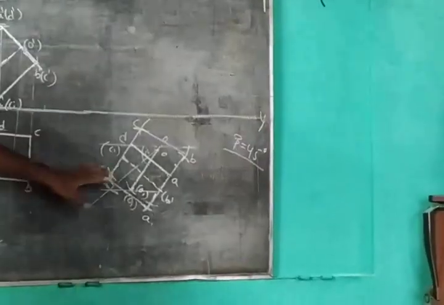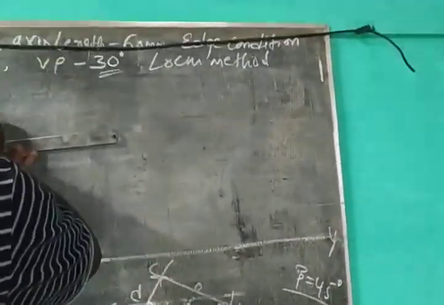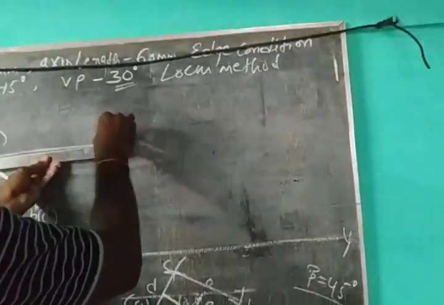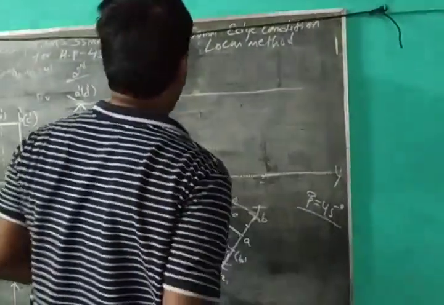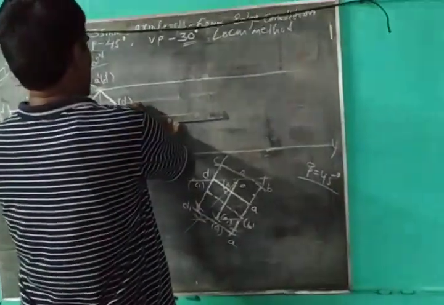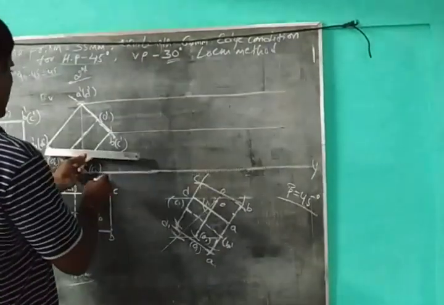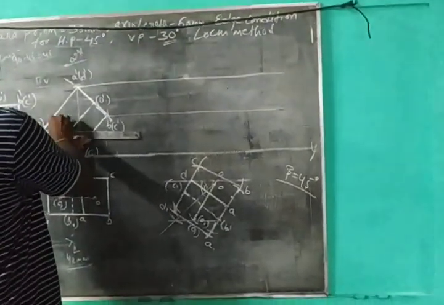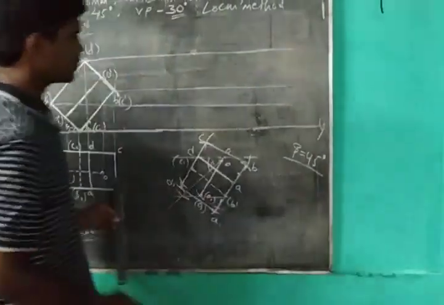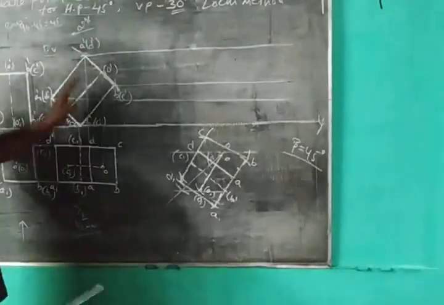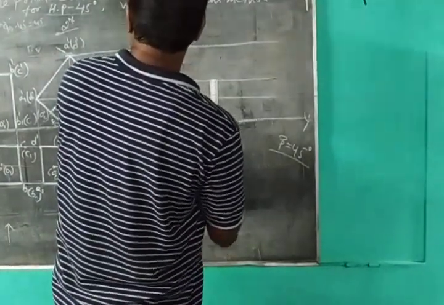And next thing is, after reconstructing, you have to go for projecting upward, and as usual first you have to place A and A position. So A is here and A is here.